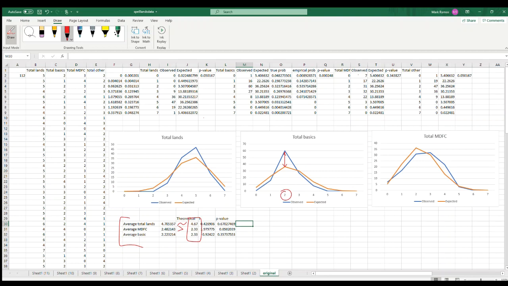The average basic that you get from the data is lower than the theoretical. So here, it seems like the hand selector does have a slight preference to MDFCs over basics.